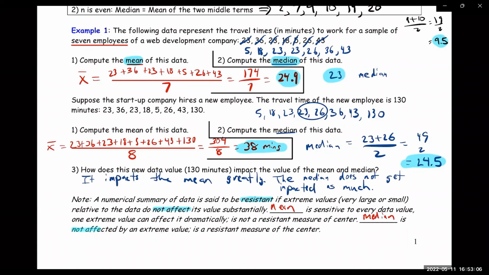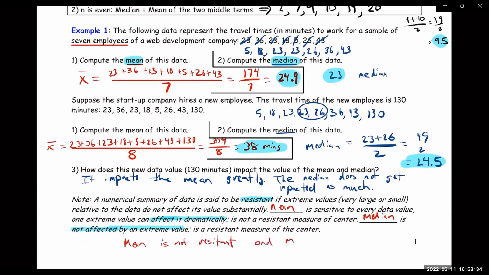The median is not affected by extreme values, and the mean is affected dramatically. All right. So we say mean is resistant. No, I'm sorry, mean is not resistant.